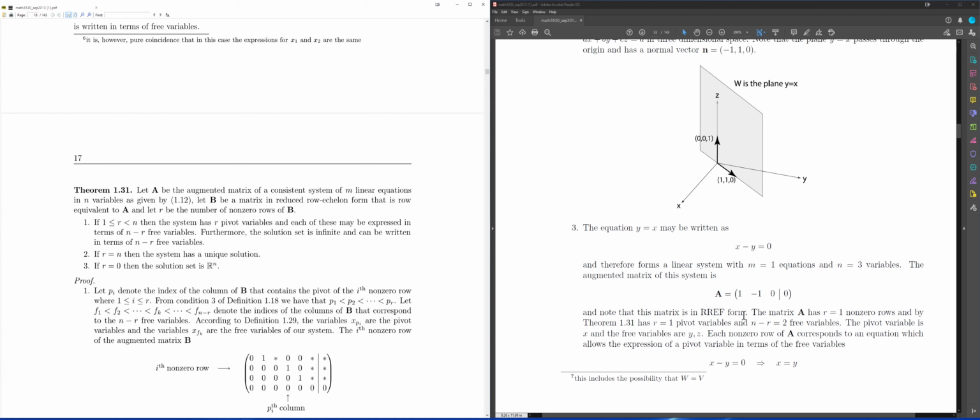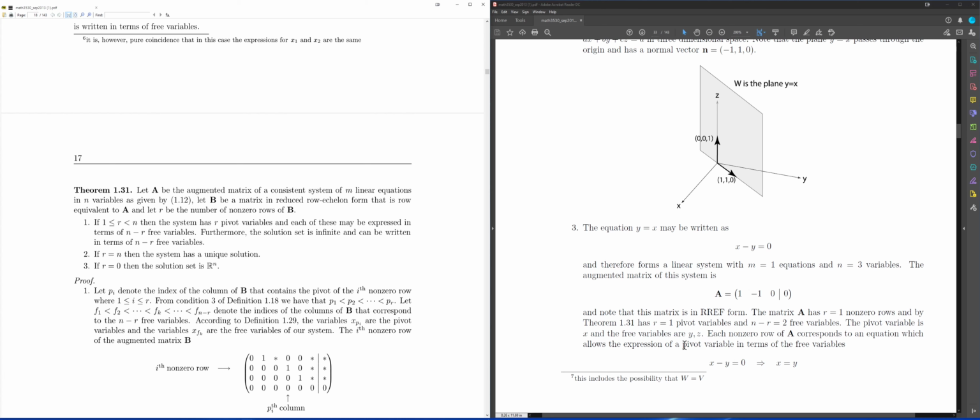So what's your pivot variable? Your pivot variable is what's associated to this 1 over here, which is x. So your pivot variable is x, and everything else is a free variable. The y and the z are free variables.